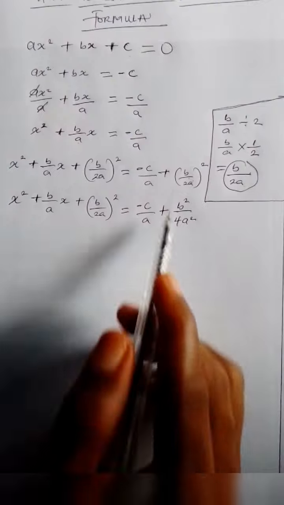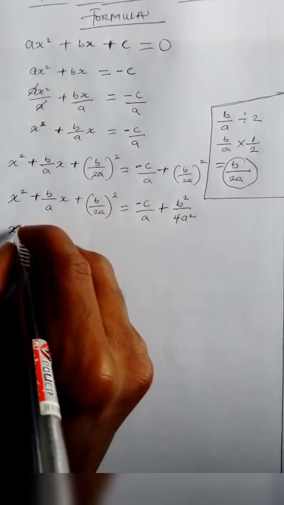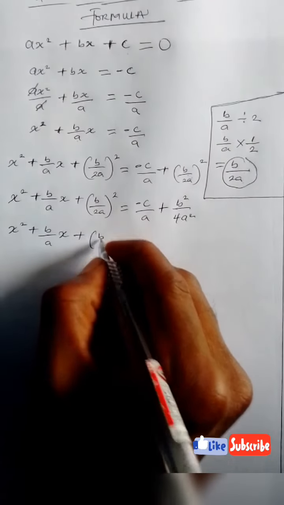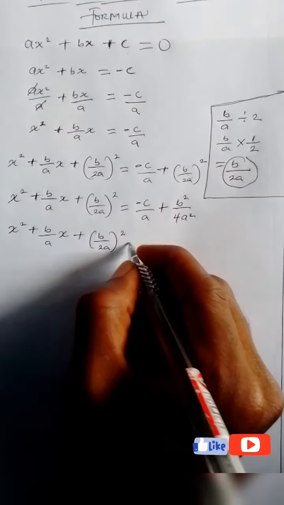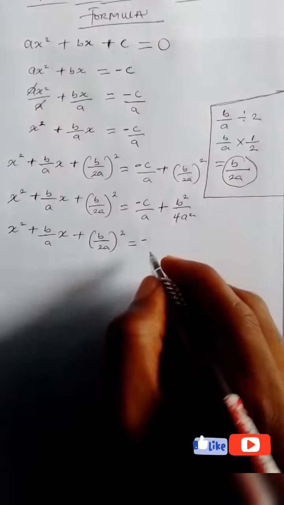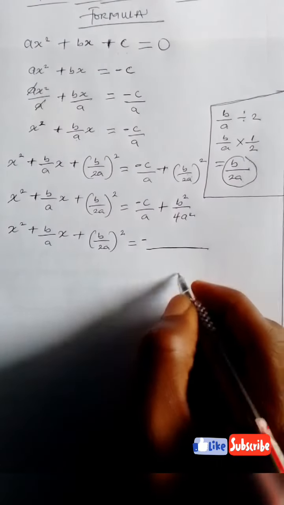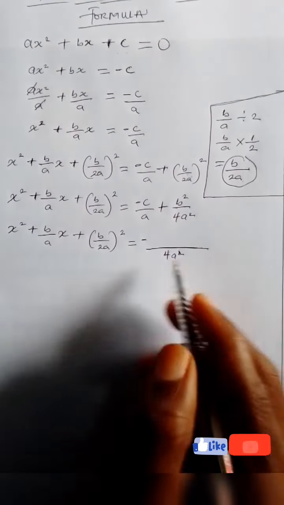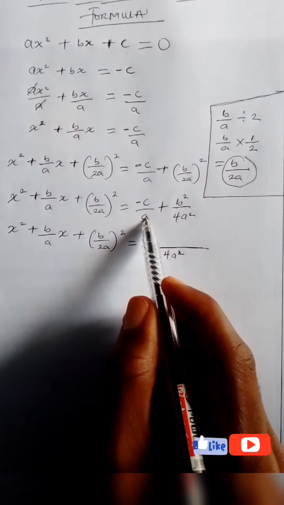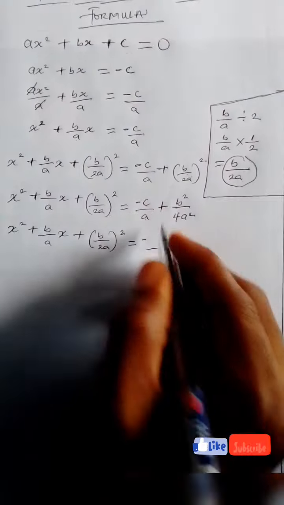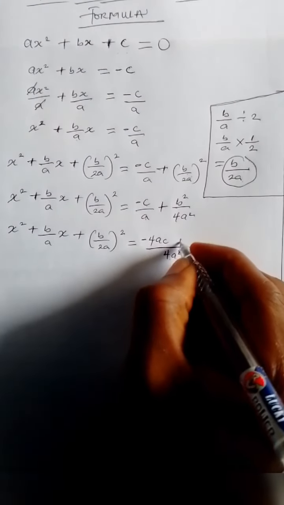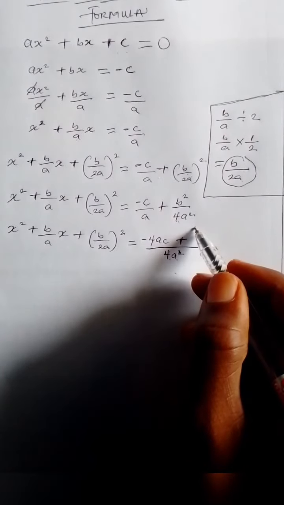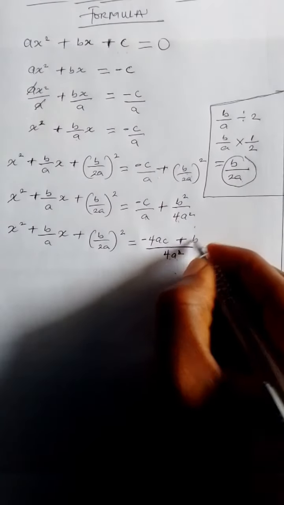We can further simplify this also. So we have x squared plus b over a x plus (b over 2a) all squared equal to minus, let's take the LCM. So the LCM is 4a squared. 4a squared divided by a, we have 4a. 4a multiplied by c, we have minus 4ac, plus 4a squared divided by 4a squared, we have 1, and 1 multiplied by b squared, we have b squared.